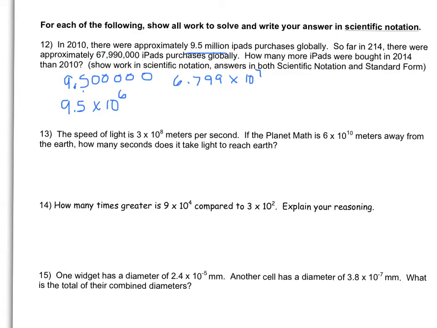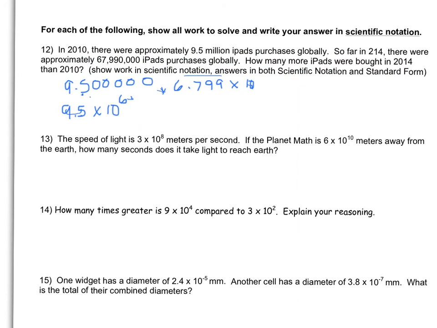So this one is the larger number. So we have to make the exponent 1 bigger. So now I have 9.5 times 10 to the 7th, and I can do my subtraction.